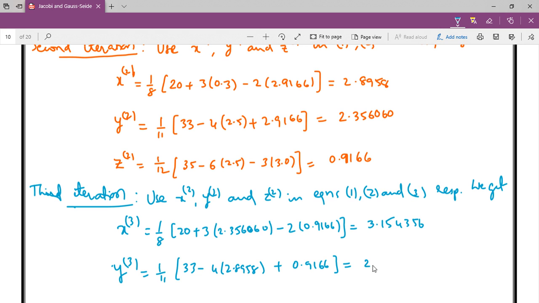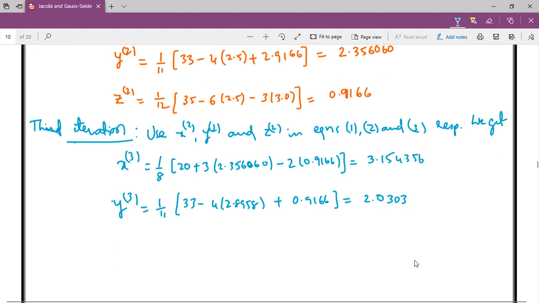So this gives 2.0303. Next we go for finding z3.